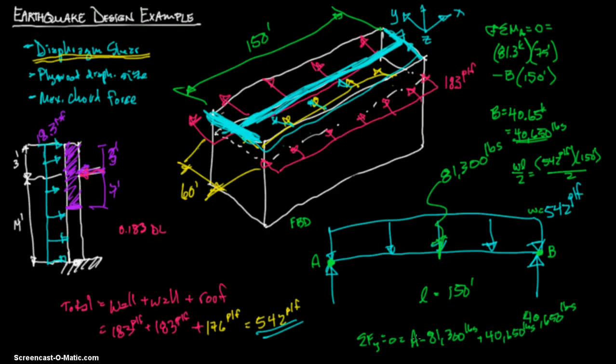You put A on this side, and you end up adding negative 81,300 and 4,650, and you get a negative 4,650. You put it on this side, it becomes positive. A equals 4,650, and you will see that it works out that way.